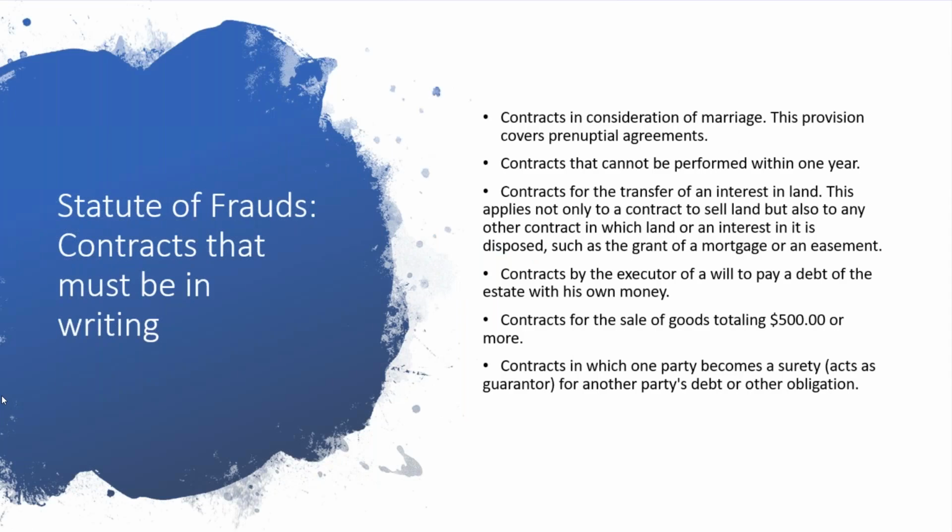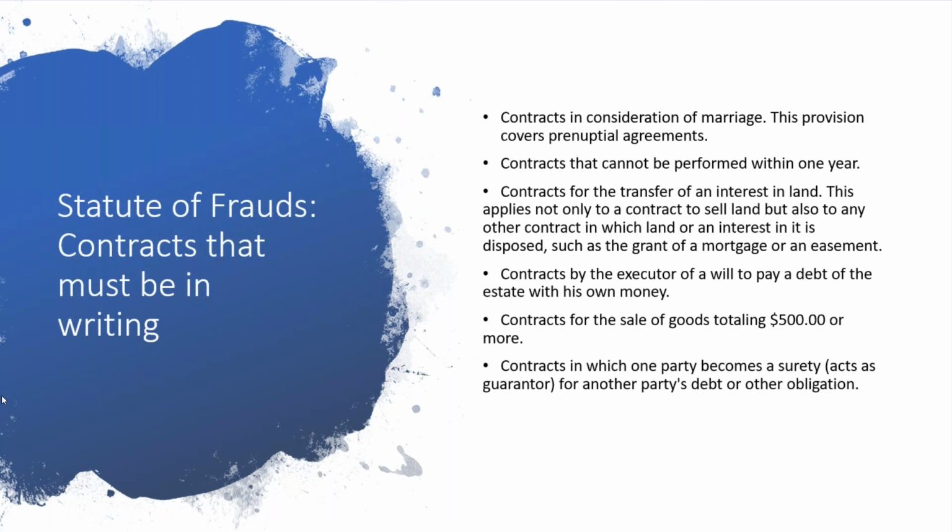Now let's look at the statute of frauds. As I said at the beginning, not all contracts are written contracts. Some are verbal contracts. But there are certain contracts that must be in writing, and those contracts are governed by the statute of frauds.